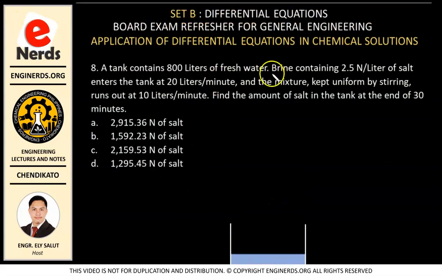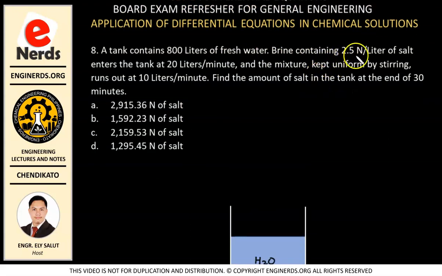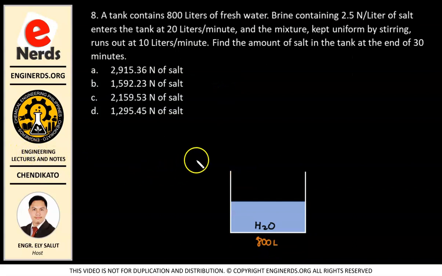Right, so we are told that brine containing 2.5 newtons per liter of salt enters the tank at 20 liters per minute. So may pumapasok na brine dito sa ating liquid sa ating tank. So let's say this is yung pumapasok na liquid sa ating tank.